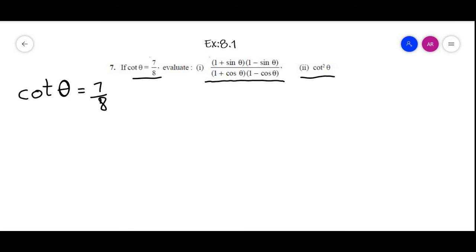So cot theta is the adjacent side by the opposite side. So 7 is our adjacent side, and 8 is our opposite side, right? Now let us draw our triangle and substitute what has been given to us.